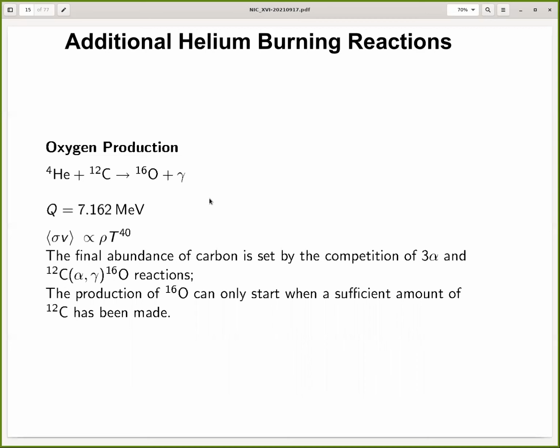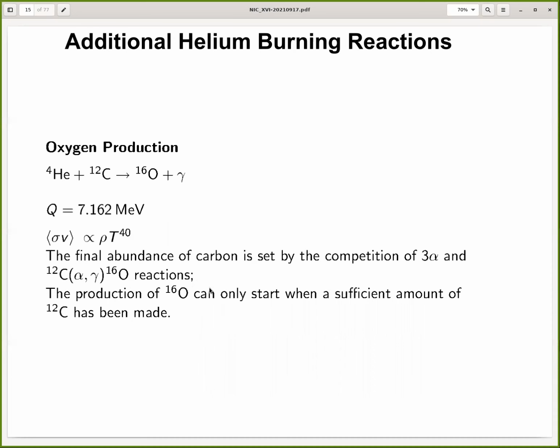And the final ratio of carbon to oxygen that you see is then set by a competition of this triple alpha reaction and the carbon-12 alpha gamma reaction. But this oxygen-16 production can only actually start after you have made some carbon.